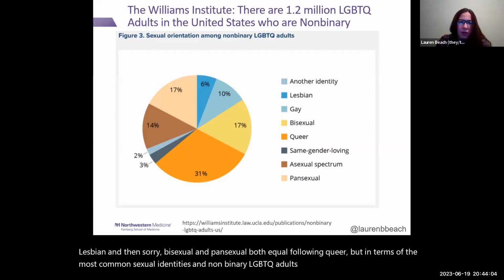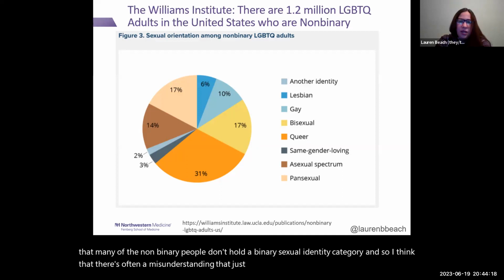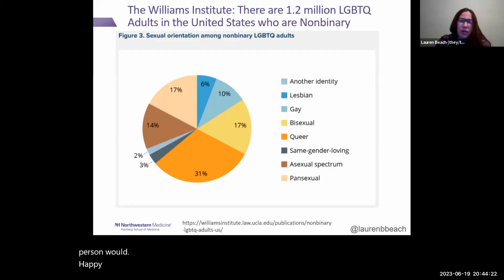But what I want to call out here is that many of the non-binary people don't hold a binary sexual identity category. I think there's often a misunderstanding that, just based on the lexicon of saying bisexual, a person would not be non-binary.